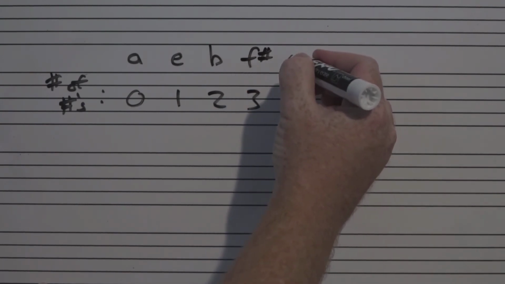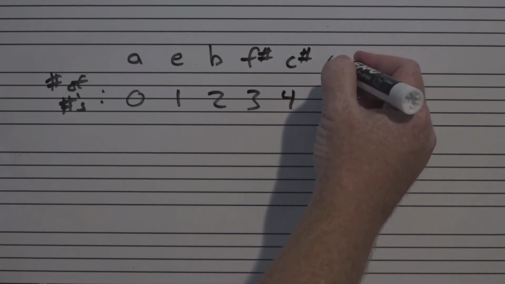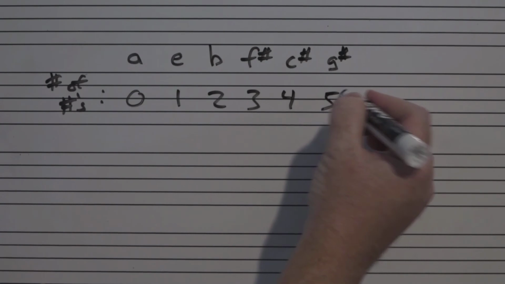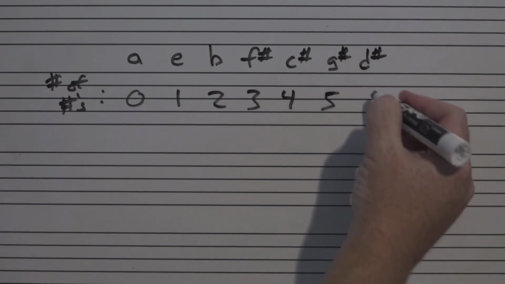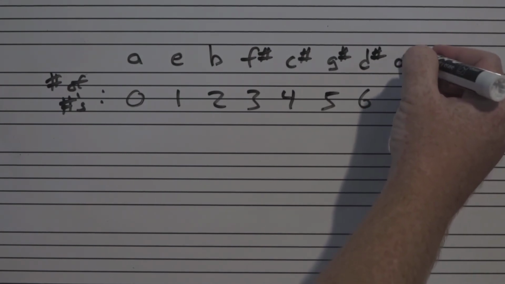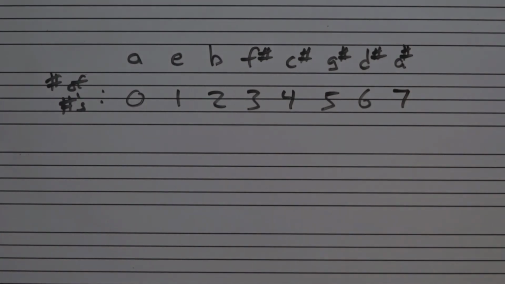Scale degree 5, C sharp. Scale degree 5, G sharp. Scale degree 5, D sharp. And scale degree 5 is A sharp. And there we have 7 sharps.